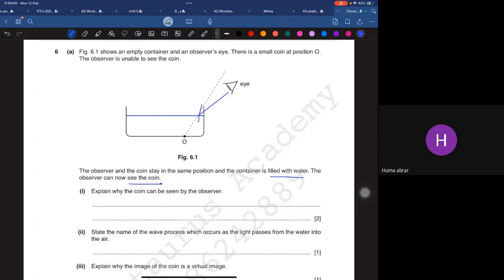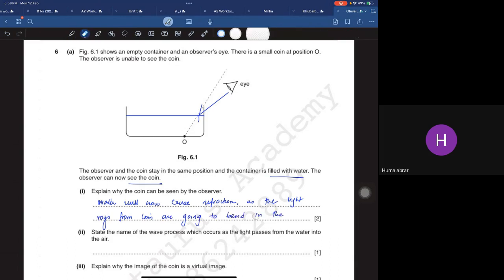So we're going to say, water will now cause refraction as the light rays from point bend in air like that.